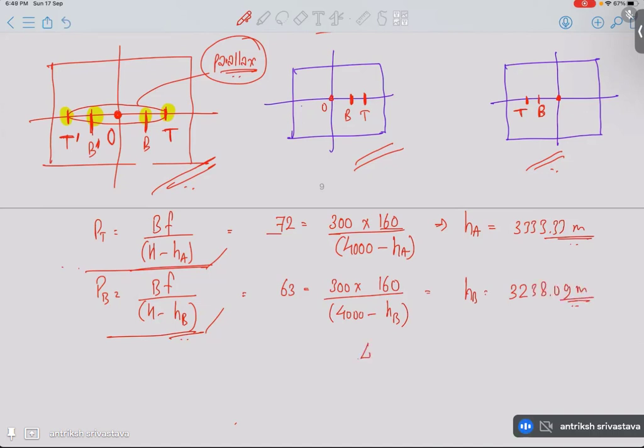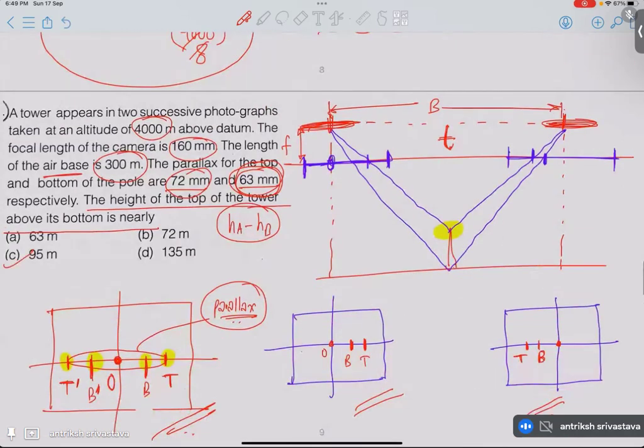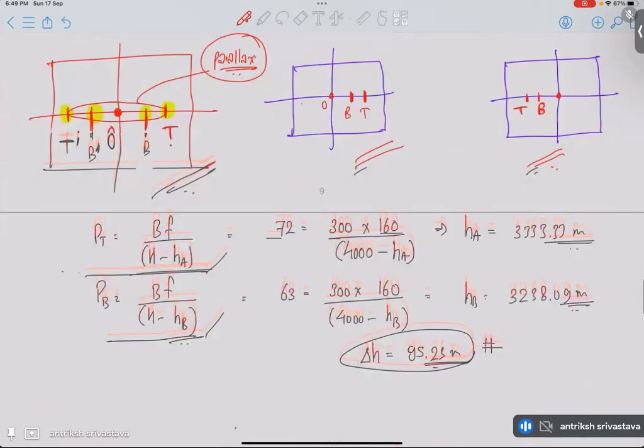So what is our delta H? Delta H is nothing but HA minus HB, that is 95.23 meters. So the answer is C. Is that clear for everyone?